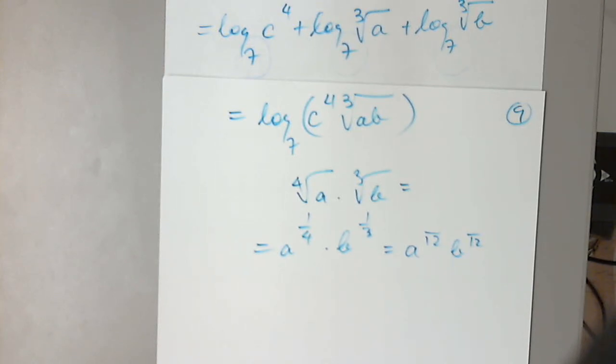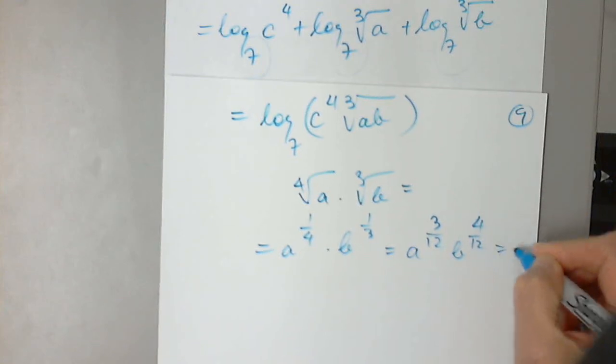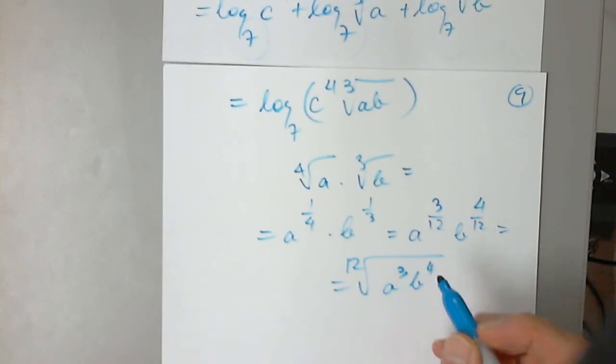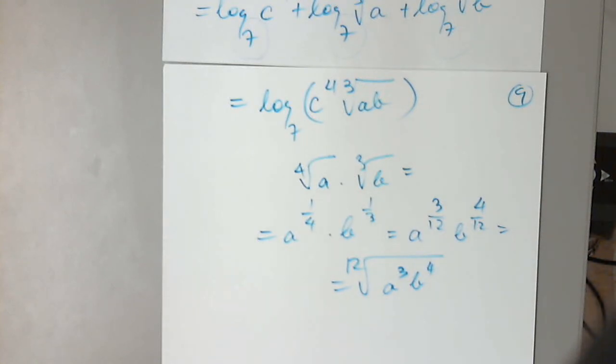And what is 1/3 in terms of something over 12? Correct. So then I will have 3 and 4, and I will change them into the 12th root of A to the 3rd, B to the 4th. So I can still multiply radicals with different indices, but I have to find a common one. Now, the shortcut would be to multiply by simply changing the exponents, but I think this is the best way.